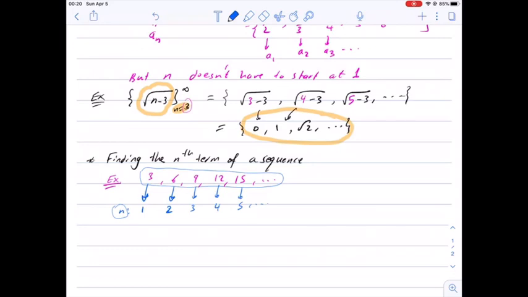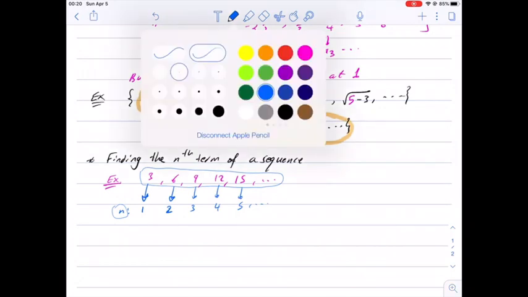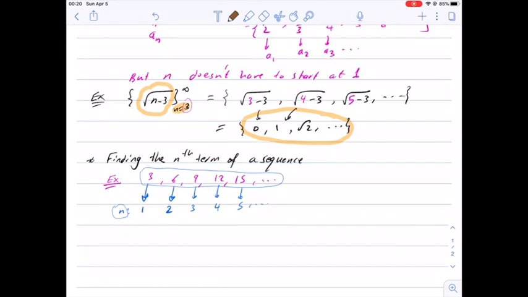What is the operation that can give us this sequence? We need to find some pattern.